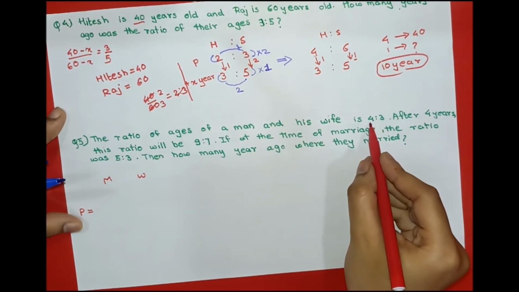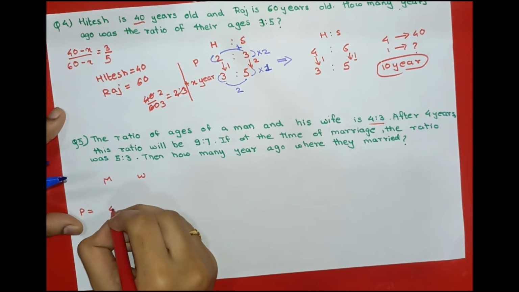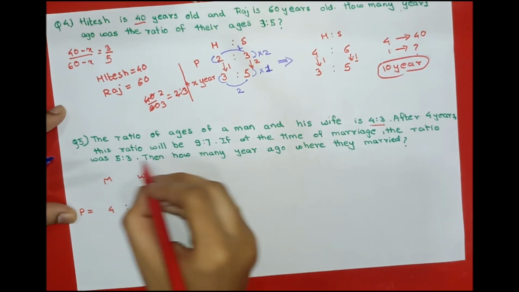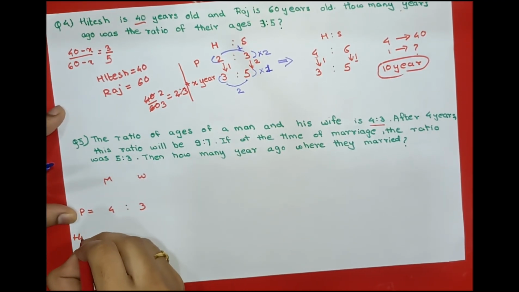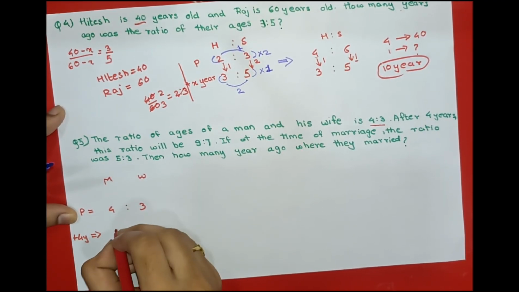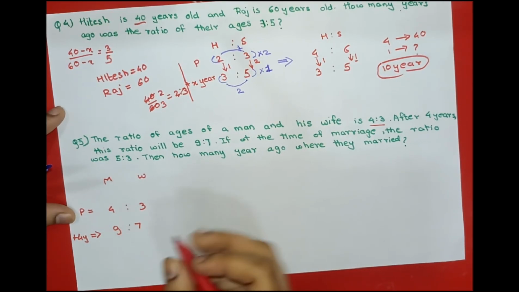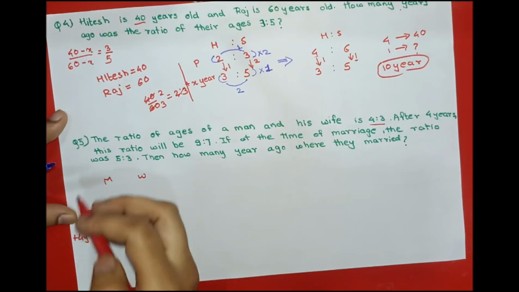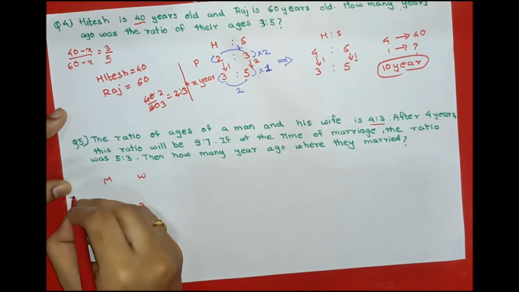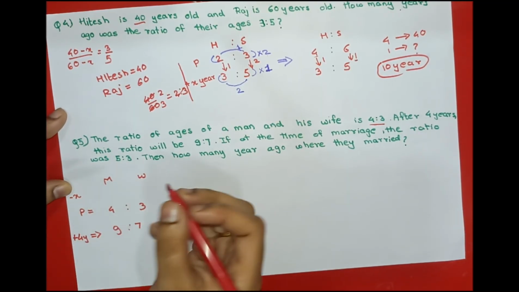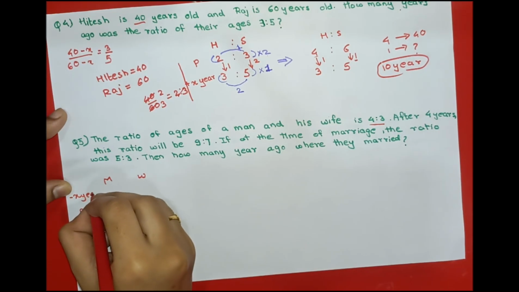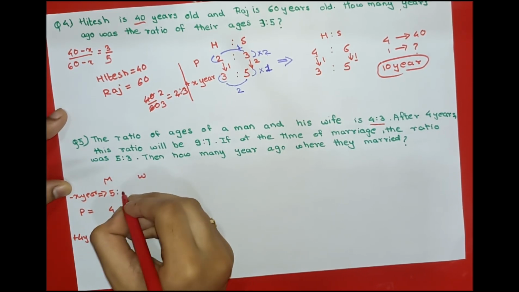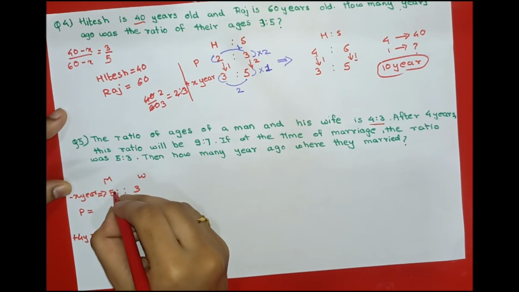The present ratio is given as 4:3. After 4 years, the ratio is given as 9:7. And at the time of marriage, the ratio of their ages was 5:3. So their marriage happened certain years ago, which we have to find out. So let's assume it as x years, and at that time the ratio was 5:3.